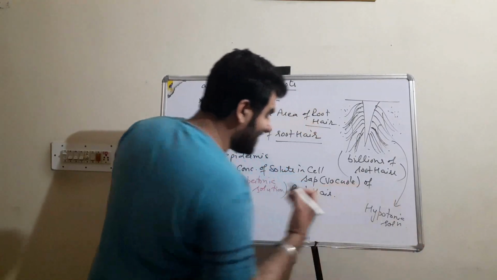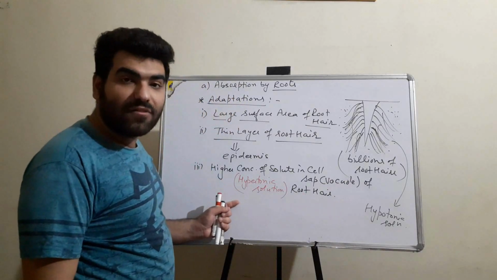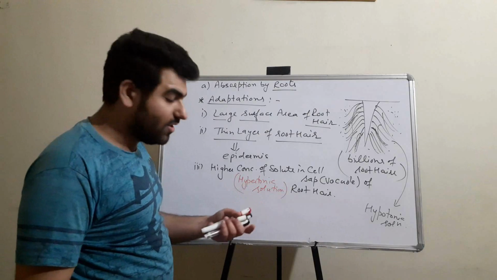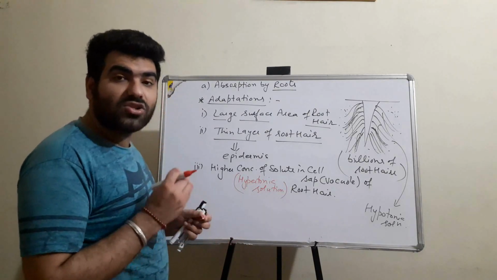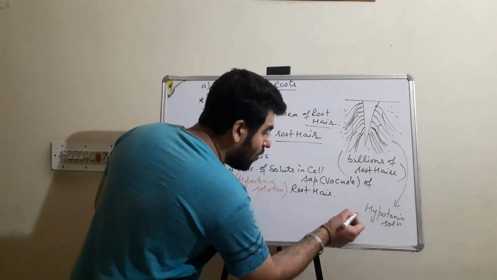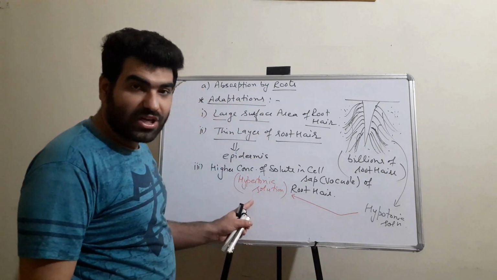If the water is a hypotonic solution and the vacuole of the root hair is a hypertonic solution, there will be a flow of water, that is, the solvent molecules will flow from the hypotonic solution to the hypertonic solution.